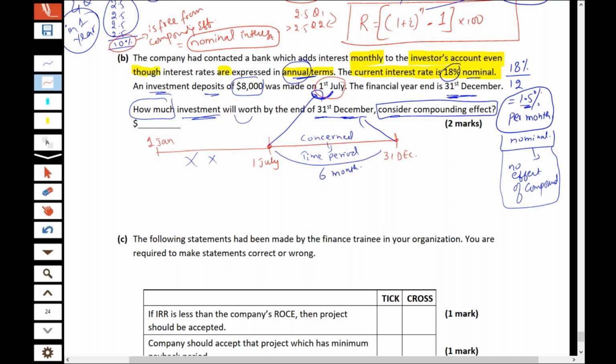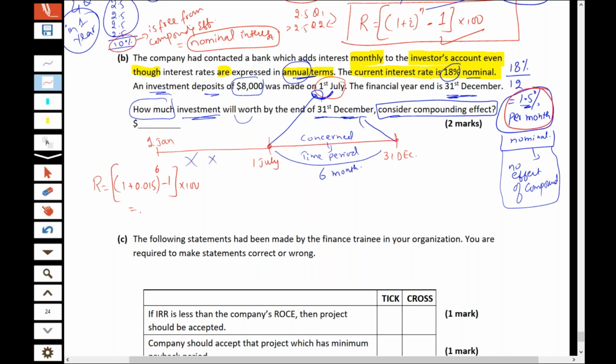And this is 1.5% per month. So now R is equal to, here is the formula, (1 plus 1.5, meaning 0.015) power 6 minus 1, multiplied by 100.